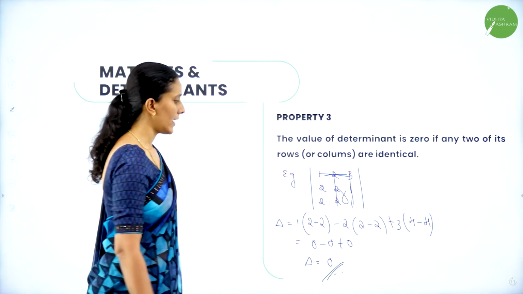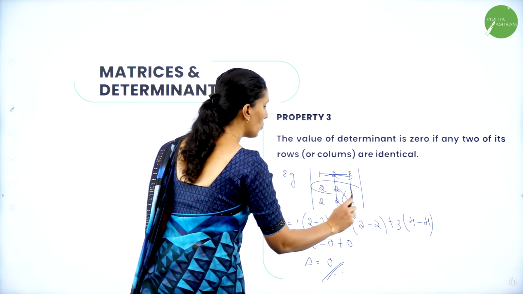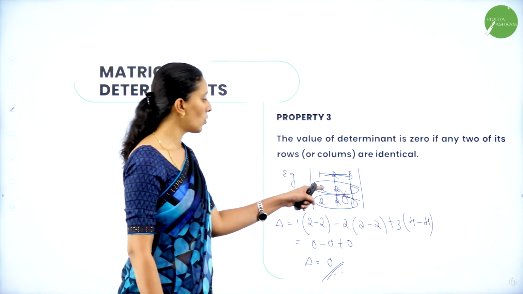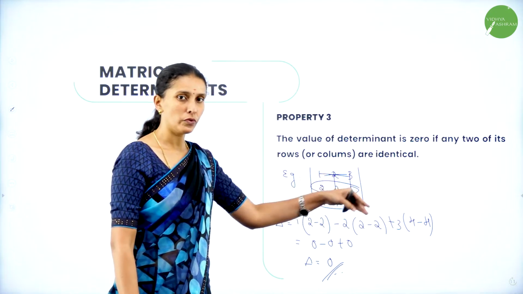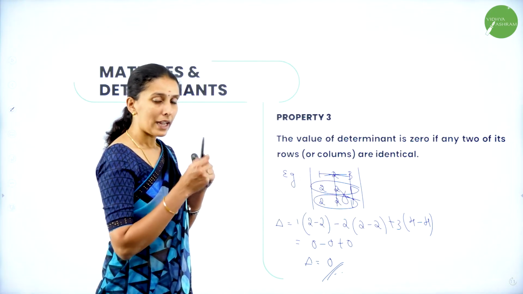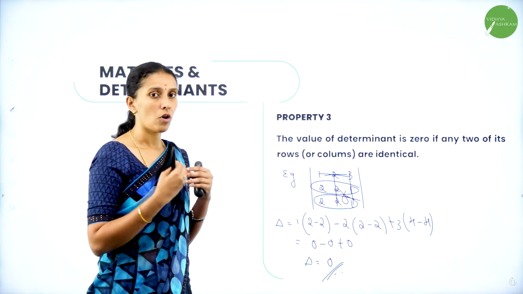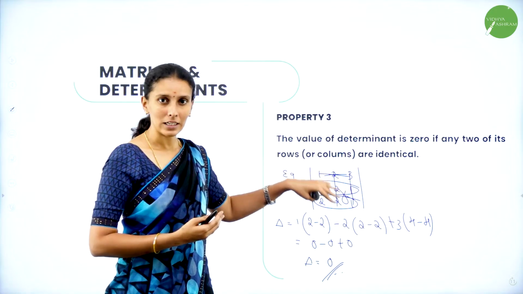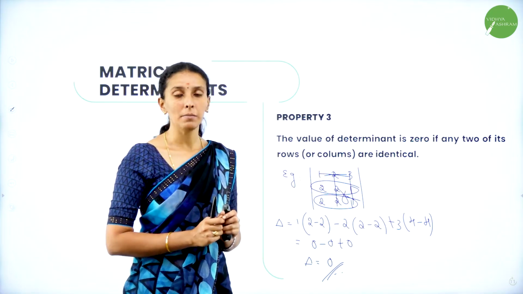So that's why it says that when we have two rows which are identical, that is, two rows contain the same elements, 2 2 1 and 2 2 1, or any two columns are identical in the determinant, its value will become 0.